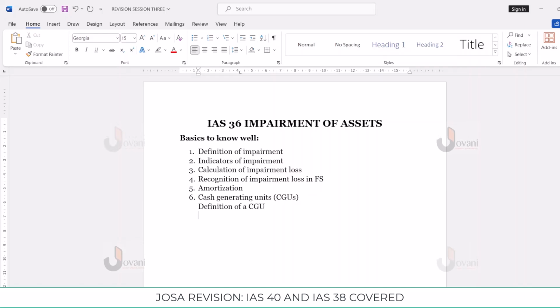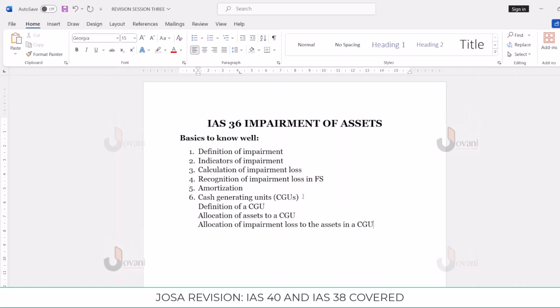Then we need to know allocation of assets to a CGU. Then we must know allocation of impairment loss to the assets in a CGU.